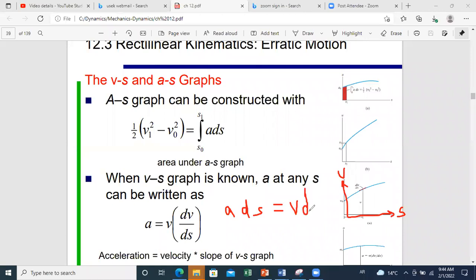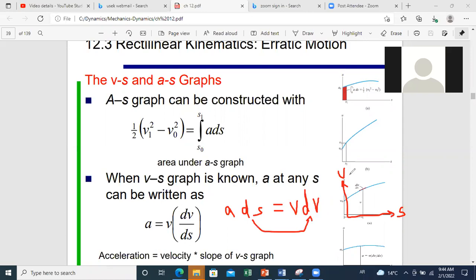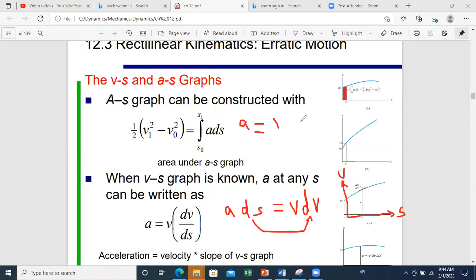And I say that I need to take ds to the other side because the graph provided for me is v as a function of s. So then I can write that the acceleration is v dv over ds.